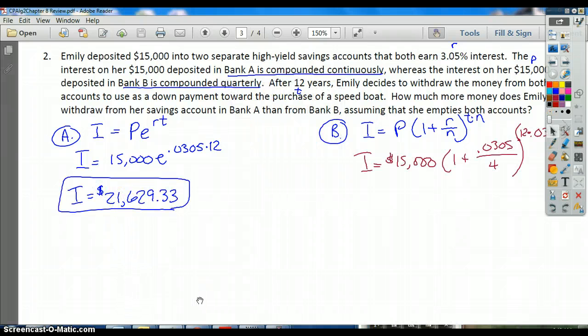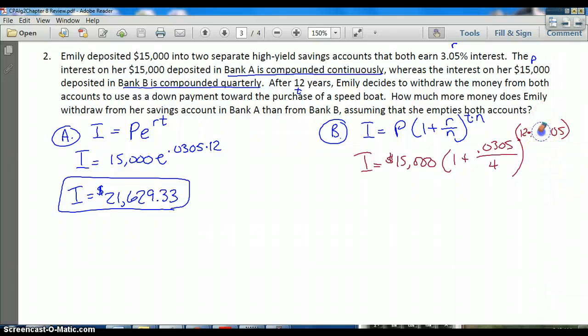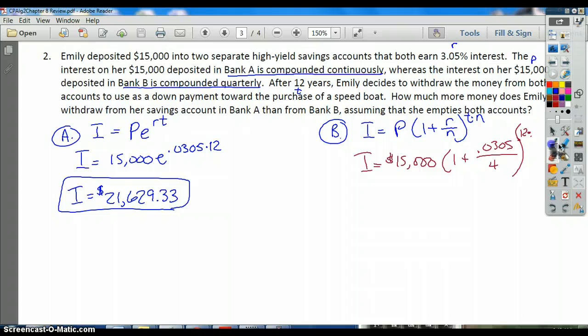Okay, so what we're going to do here is substitute this into the calculator. But before I do that, I'm going to fix my typo here, which should be quarterly, so that should be 4. All right, so this is what I'm going to be typing in my calculator.